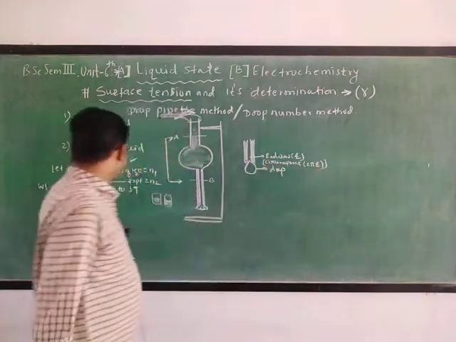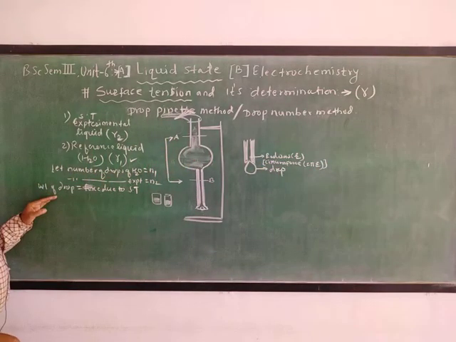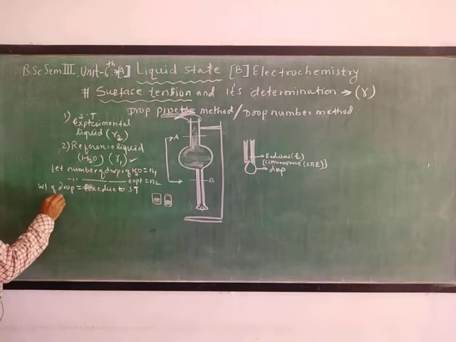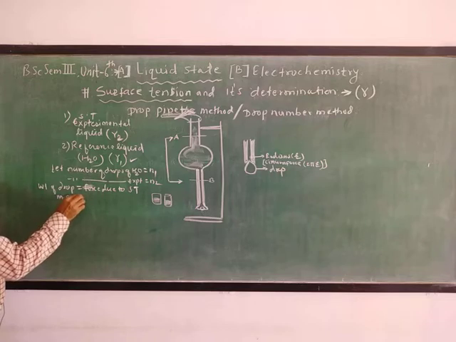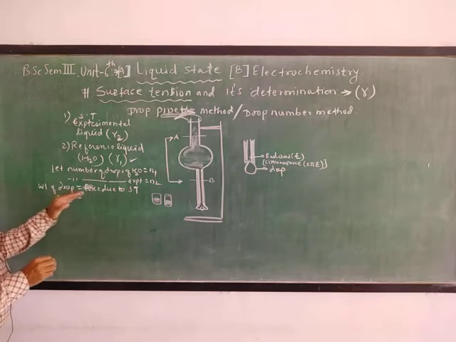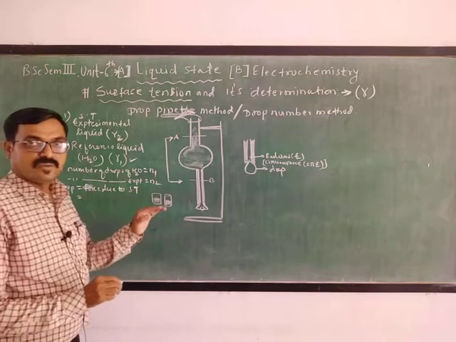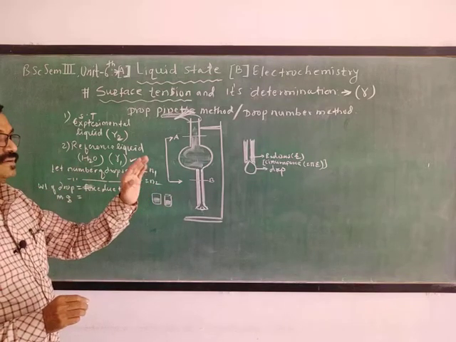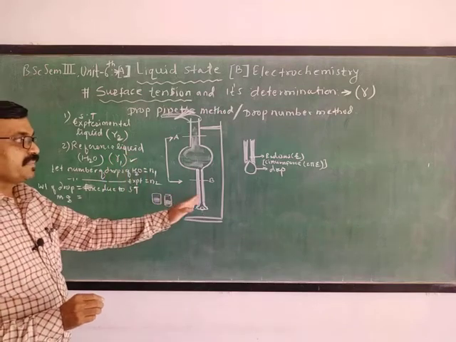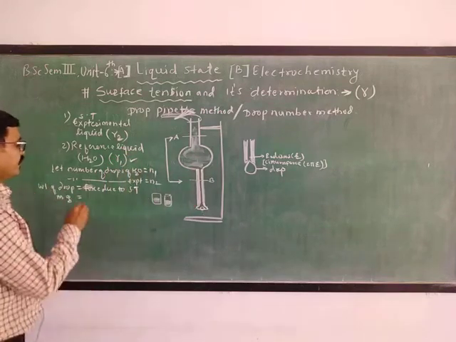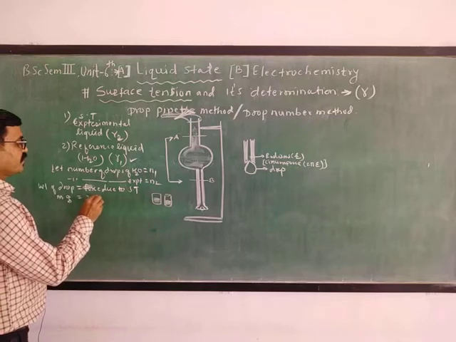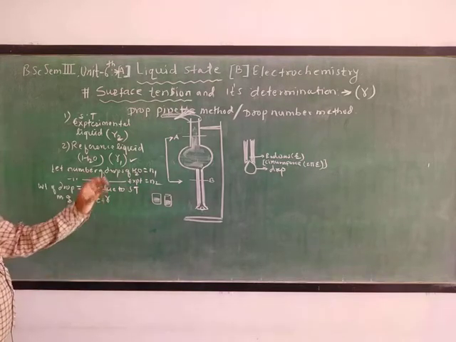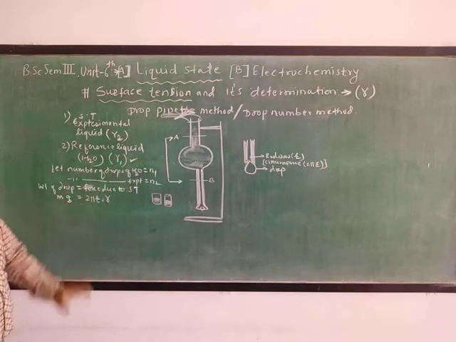Now, the weight of the drop: if m is the mass and g is the gravitational constant, then m g is the weight of the drop. Then what is the value of the force due to surface tension? If gamma is the surface tension and the circumference of that capillary is 2 pi r, then the force due to surface tension becomes 2 pi r gamma.